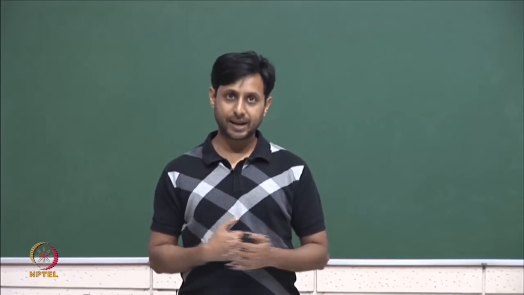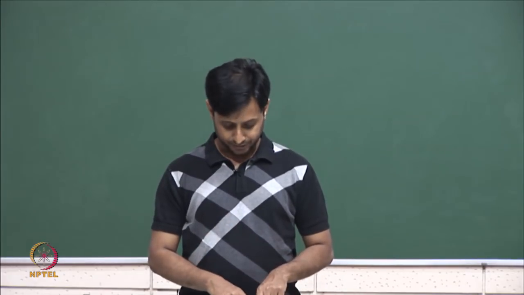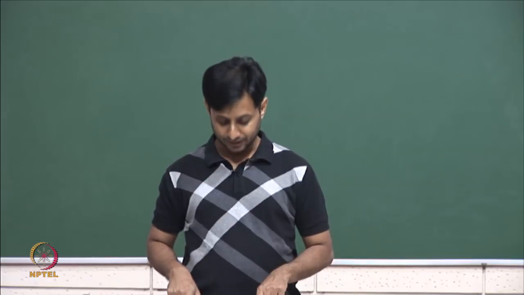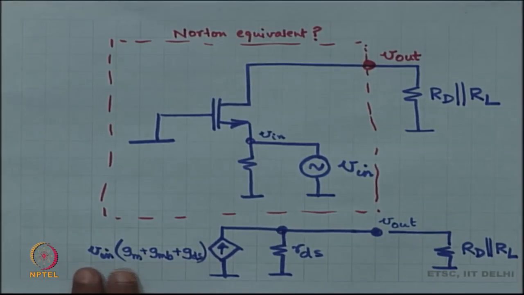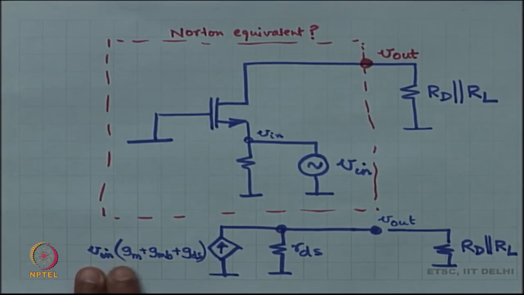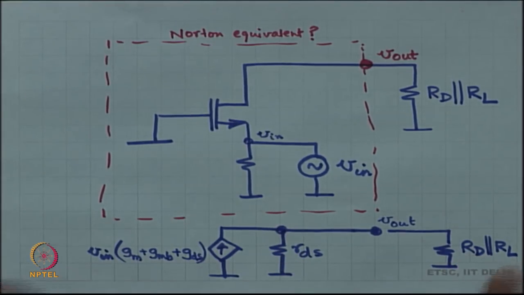Now, what is going to happen? You can solve this just by inspection. The current source is of value V in times GM plus GMB plus GDS, and at the output node you have got RDS in parallel with RD in parallel with RL.